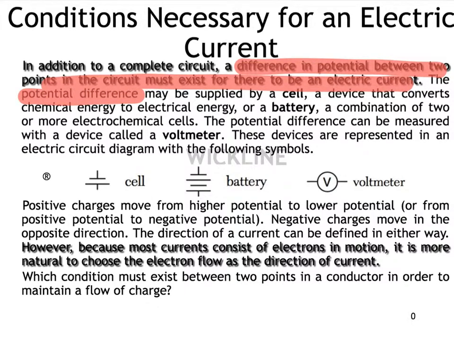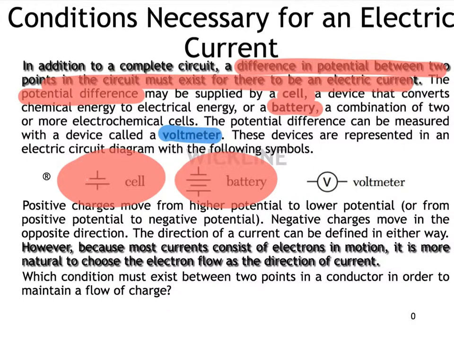And that potential difference is either going to be provided by a cell or a battery. Here's what a cell would be symbolized to look like on your reference table, and here's what a battery would look like in terms of symbols, both of which are going to provide the voltage or the potential difference necessary to produce a current. All right, and then we would measure that potential difference using a voltmeter. The symbol for that is going to be a V in a circle along a wire.